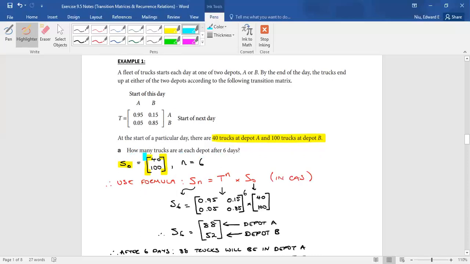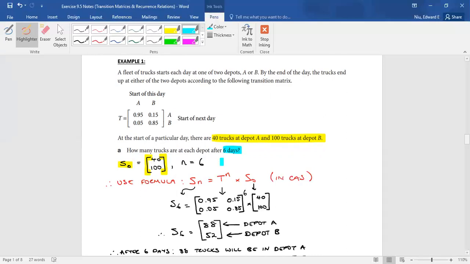After 6 days, well, the question says, how many trucks are at each depot after 6 days? In 9.4, we could only figure out how many trucks were left after a day. In 9.5, we start talking about 6 days, 7 days, 8 days, 9 days. But don't worry, you don't have to do a recurrence relation. Just like in finance, there's a recurrence relation formula and also an any-day or any-value formula, if you recall.